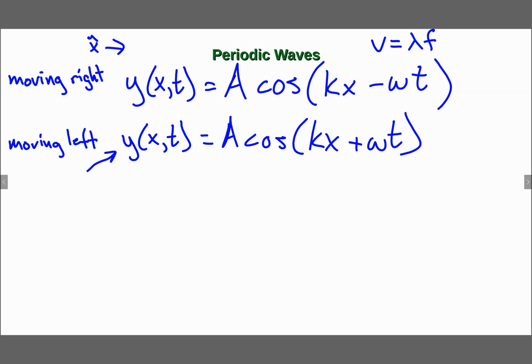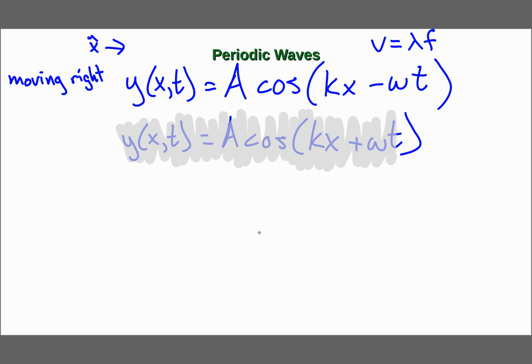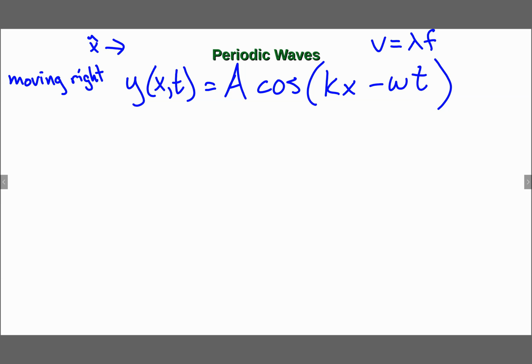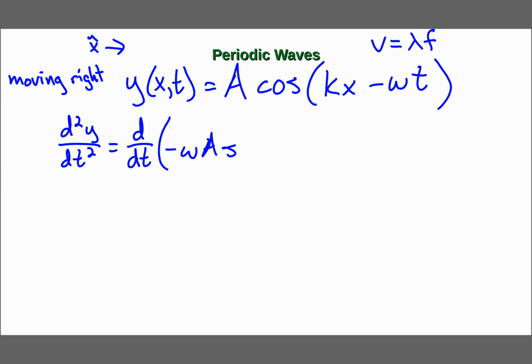But then let's play with these a little more. I'm gonna get rid of the one moving left. Okay, let's just play with the one moving right, because they're not ultimately very different. So let's use this one, and let's do the second derivative of this equation with respect to time. Okay, so that equals d dt. And then the first derivative is going to be minus omega a sine kx minus omega t.